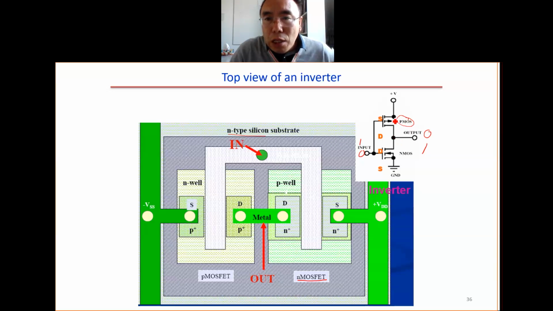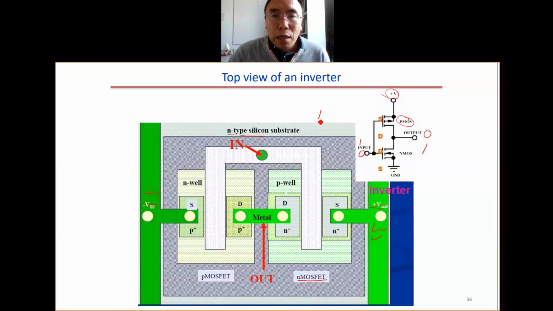PMOS is connected to the high voltage, but here the PMOS is connected to the low voltage. So this one should be high voltage, and this one should be low voltage, or ground, or negative voltage. It should be the opposite. So this is the layout of the device for the inverter.